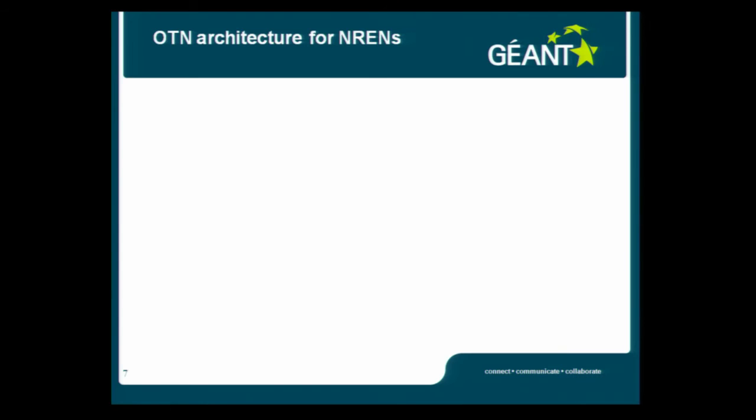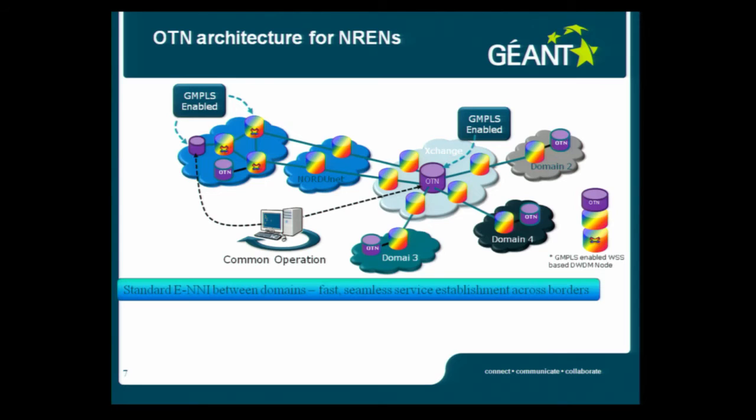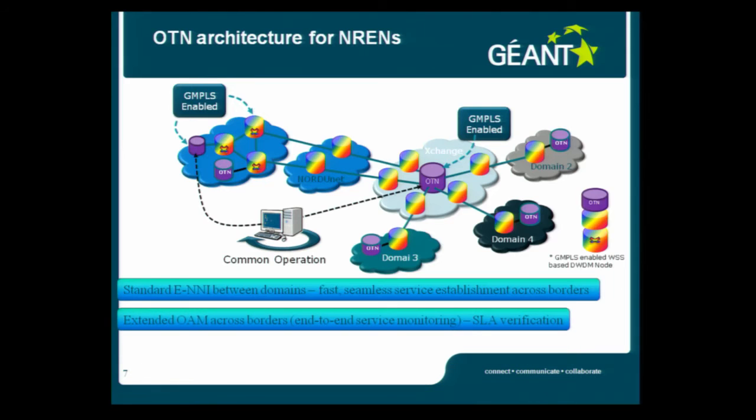But one of the strongest features of OTN could very well come in handy within the GEANT network and within the NRAN communities in general, by using this standardized network-to-network interface between the domains for very fast and very seamless establishment of connections across borders, so that you can have more ease in your service establishment procedure.